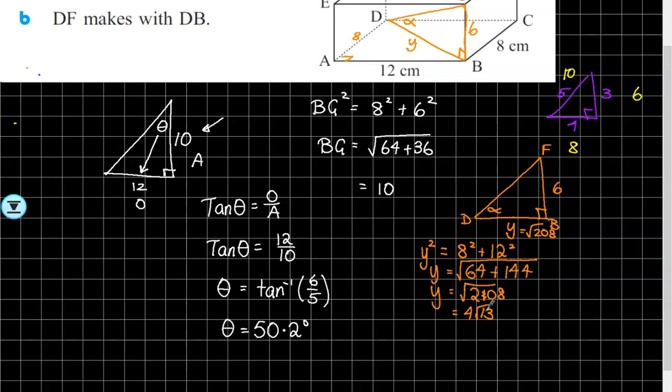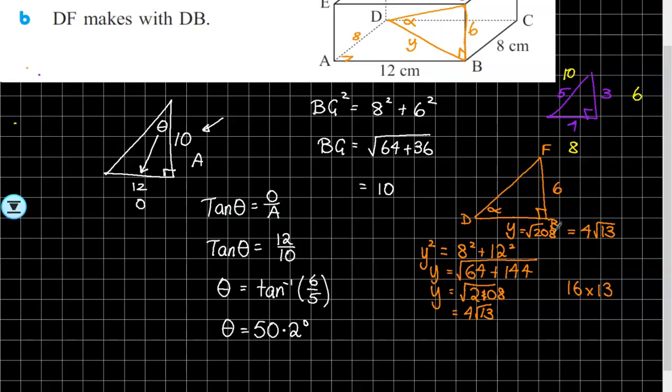Check it, 16 times 13 is the same as 208. That's what your calculator just spits out, so don't worry about it, take it as read. So if you've got graphics calculators, we're saying 4 root 13. If you don't have graphics calculators, you're leaving it as root 208, correct?